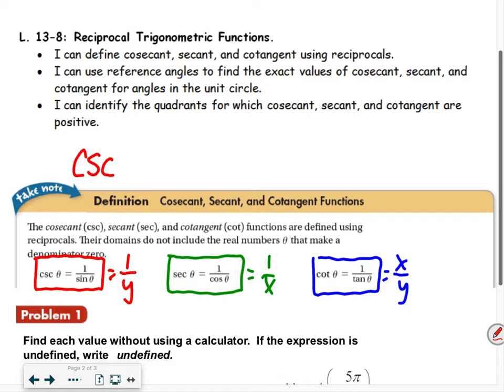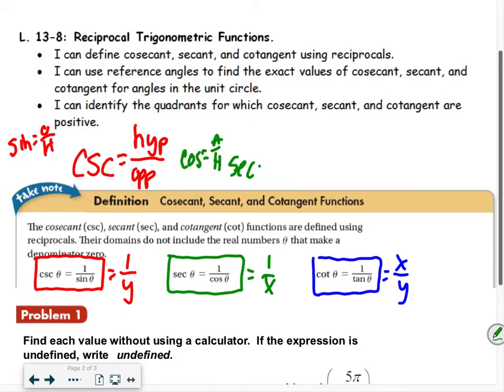Our cosecant, now that's the opposite of sine. If you remember, sine is opposite over hypotenuse. So cosecant is just a flipped version of that. We're going to have our hypotenuse over our opposite side. Secant is the opposite of our cosine. Cosine is adjacent over hypotenuse.